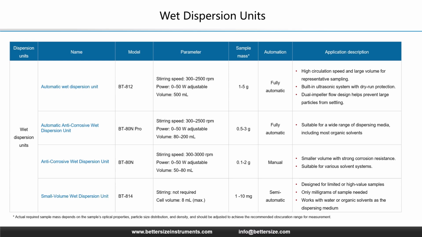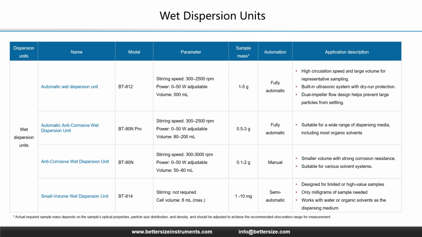However, when using organic solvents, volume becomes a liability. The BT80N series reduces the operational volume to as low as 80 milliliters. This minimizes your consumption of hazardous or expensive media while retaining the automation required for reproducibility.